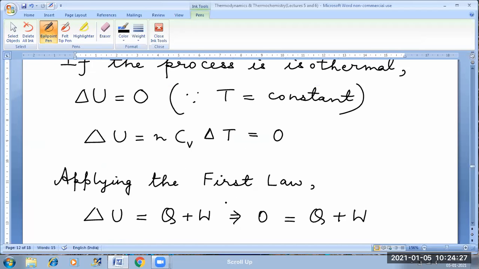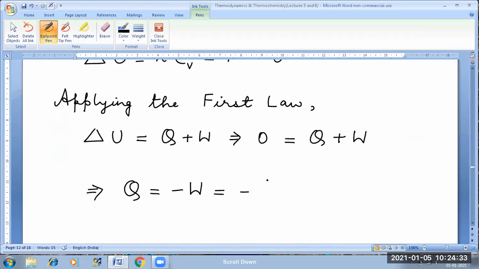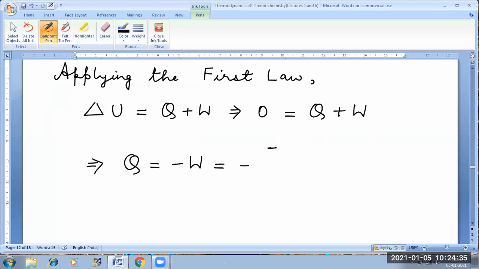And what is W? W for an irreversible process is minus P external into V2 minus V1.